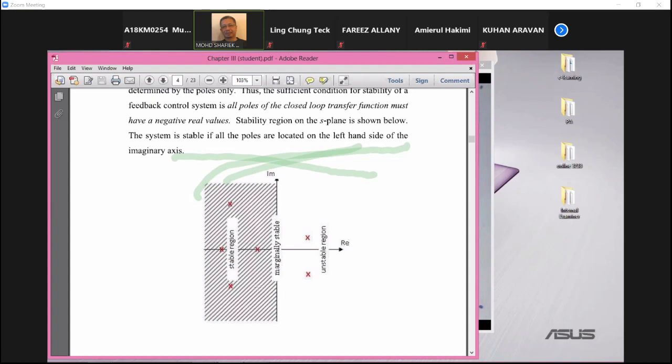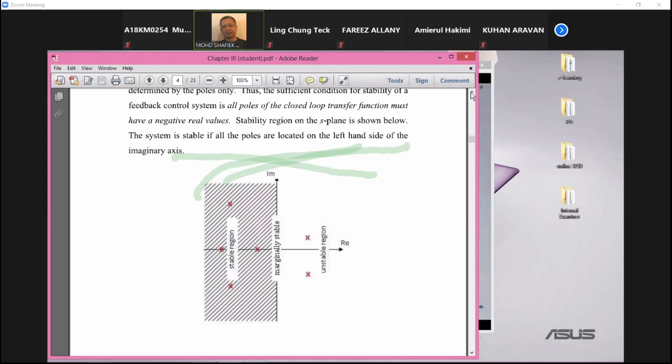For a stable system, you want all roots to be on the left hand side of the imaginary axis. You're going to have some real roots on the real axis, and some complex conjugate roots. As long as the roots lie on the left of the imaginary axis, then we say that the system is stable. Sometimes we say the root, sometimes we say the pole.